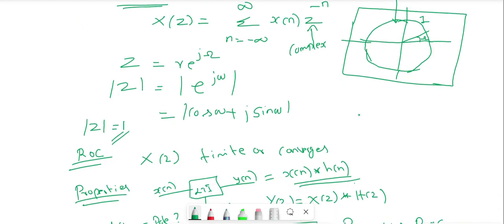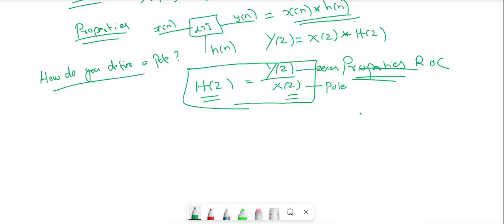Now for simple examples, we will determine the Z transformation, and if the system should be operated at finite amplitude, then you can plot the poles and find out the ROC of the system. In continuation of the last session's problems, now we will discuss the next problem.